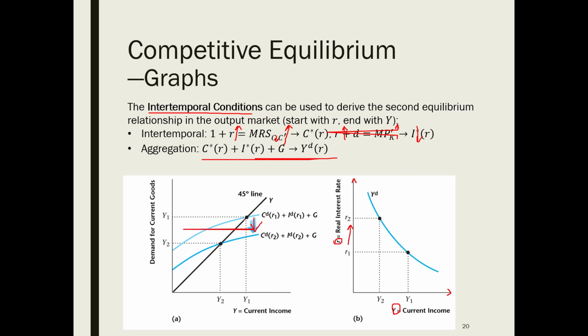Combined with the market clearing condition, supply equals demand, we can derive that the output decreases from Y1 to Y2. To summarize, a higher interest rate is associated with a lower output demand, which implies a downward sloping AD curve. Now we have used up all the 11 mathematical conditions in our graphical analysis.